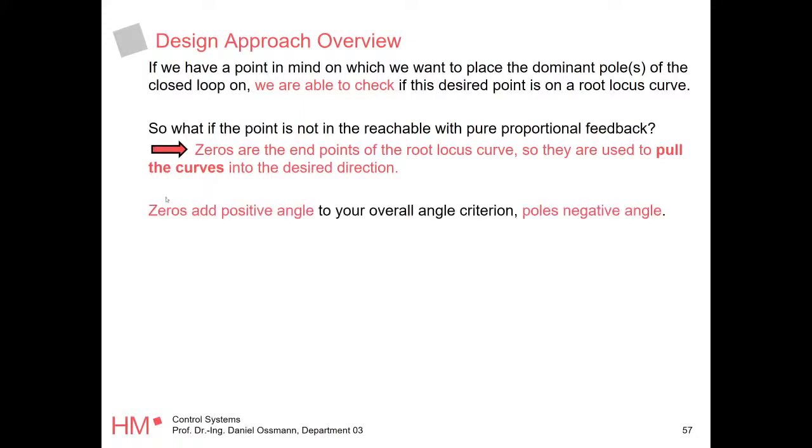We also know that zeros themselves add some positive angle, while poles add negative angle, right? So depending on where we are with our angle criterion, we can use the fact that with zeros we are adding some angle, and with poles we are subtracting some angle, to get to the point where the criterion finally reaches 180. If it is at 200, we know subtracting 20 would be good to get to 180.